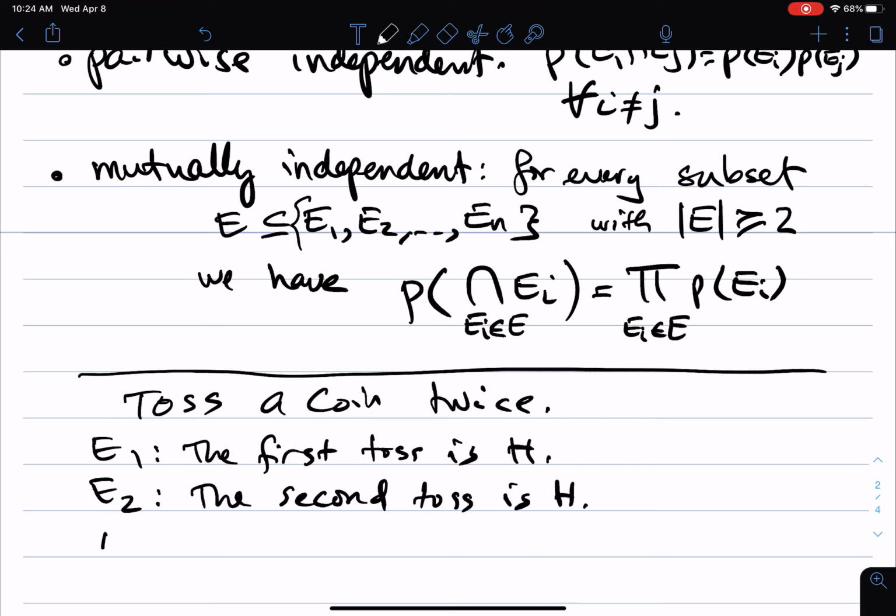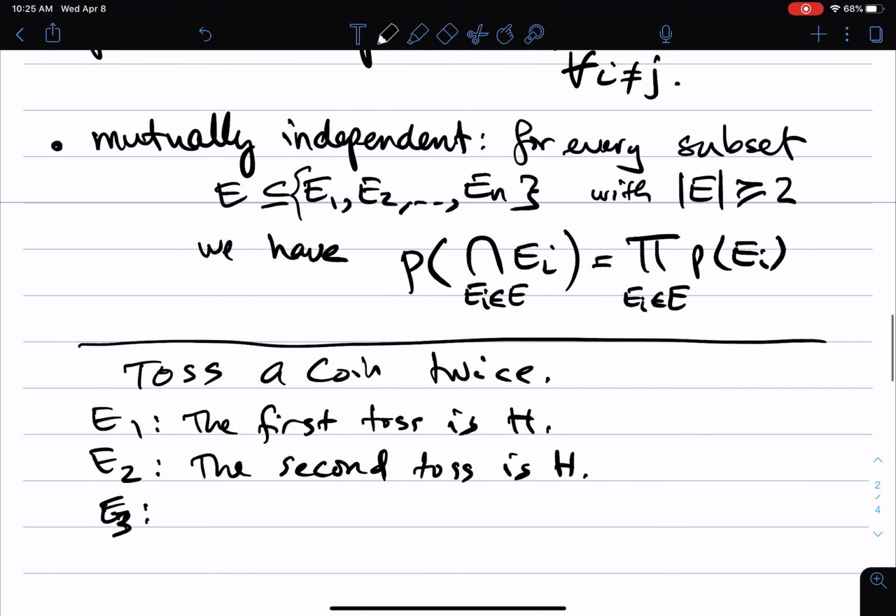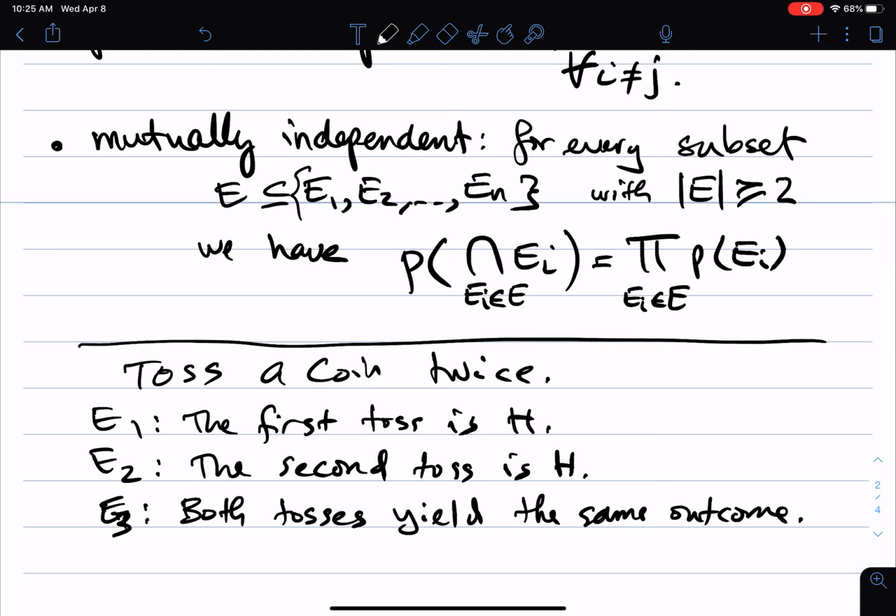And E3, that both tosses yield the same outcome. So either both are heads or both are tails.